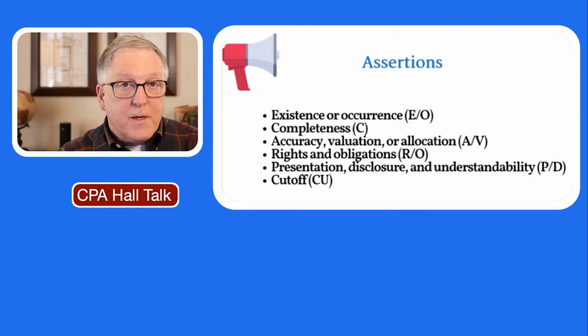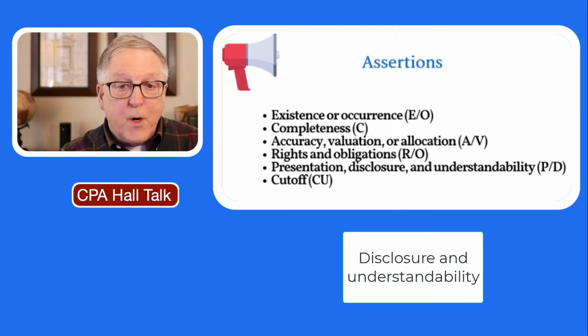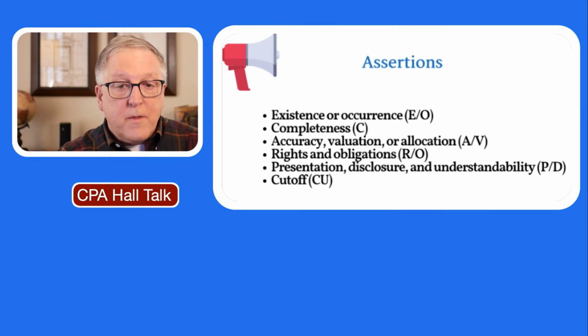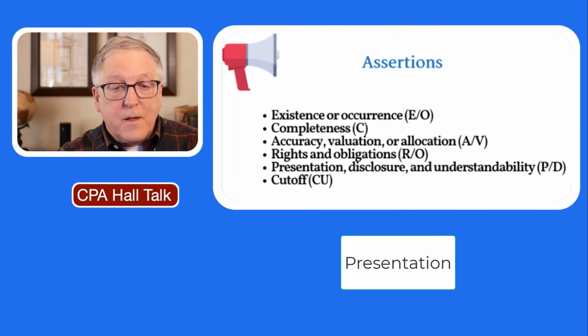On presentation, disclosure, and understandability, that fifth bullet comes into play usually in regard to disclosures for understandability, and then presentation in terms of how things get classified on the balance sheet, income statement, and cash flow statement.